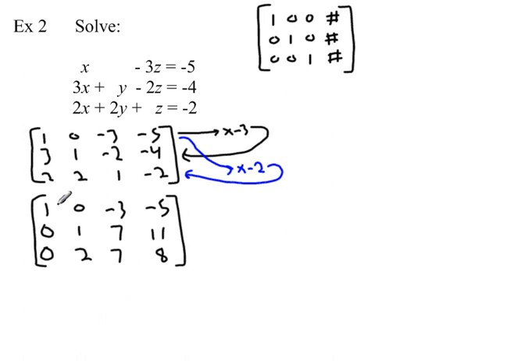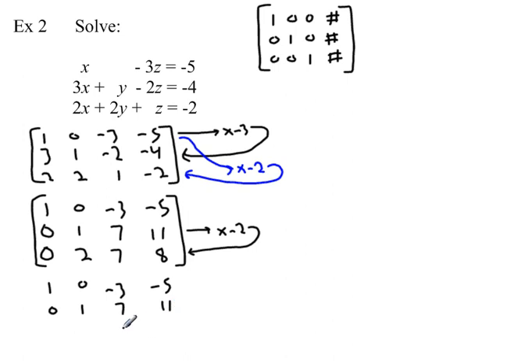Okay, the next thing we want to do, notice we have a 1 in this spot, 0, we've got a 1 here. Let's try to get a 0 in this spot here. Now we want to multiply this second row by something. Let's multiply the second row by negative 2 and add that to the bottom to give us a new third row. So top row I like, I'm going to keep. Second row I like, I'm going to keep.